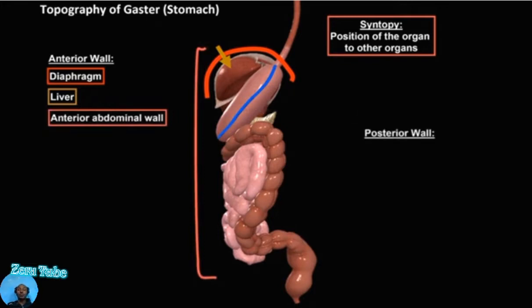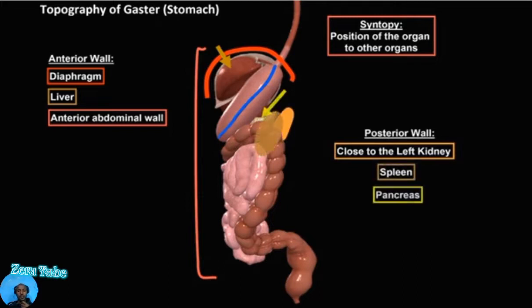The posterior wall of the stomach is closely related to the left kidney and closely related to other structures which are called spleen and pancreas. And transverse colon.